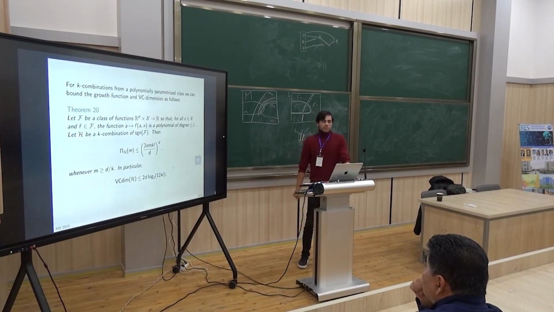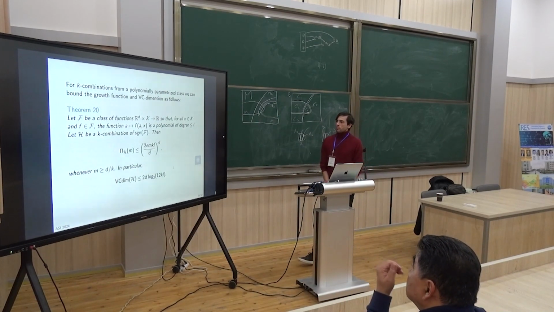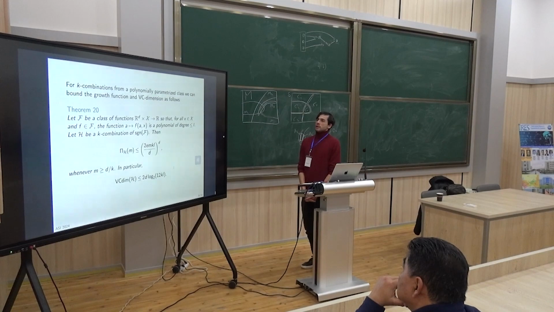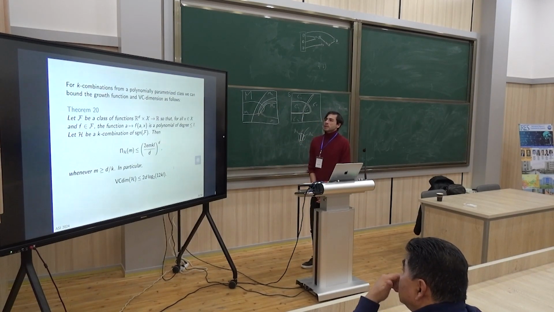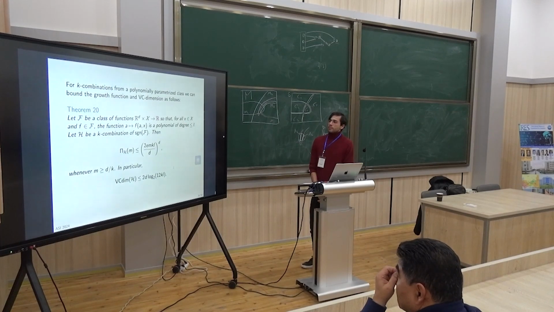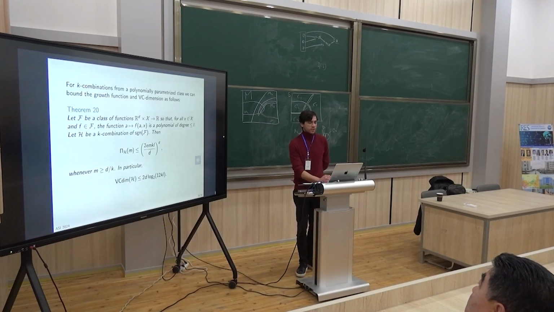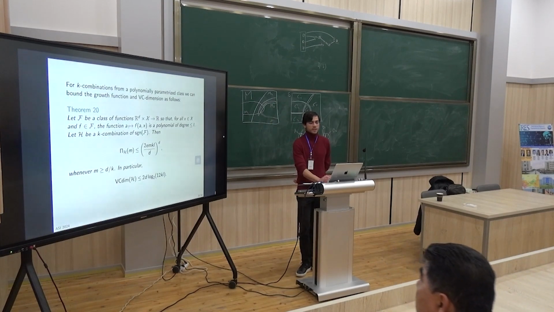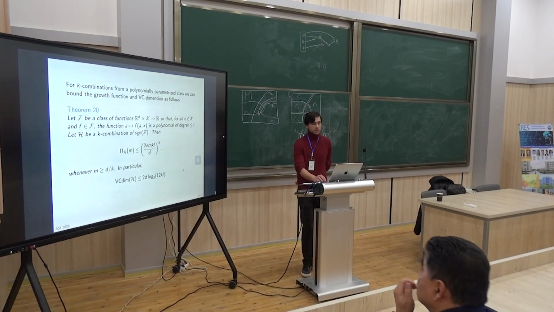All right. And if we use that, then we may obtain a result of this sort. Let's say we have a k-combination of a polynomially parameterized class. Then we can bound the growth function like this. F is a class of functions, so that each of them is a polynomial in the parameters of degree at most L. So we have a k-combination of those, and then the growth function is bounded like this. And in particular, we obtain a bound on the VC dimension as well.